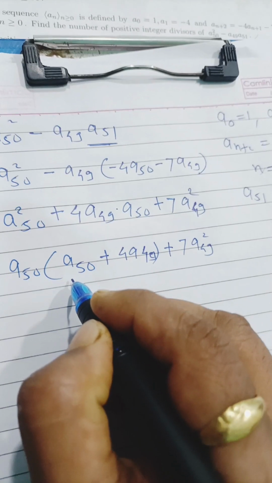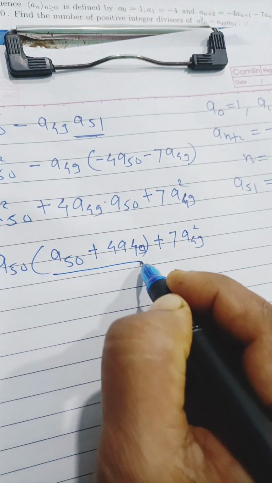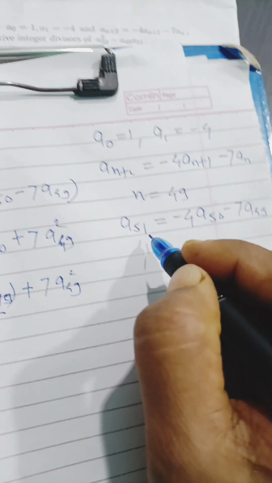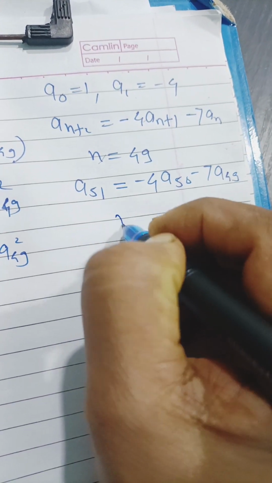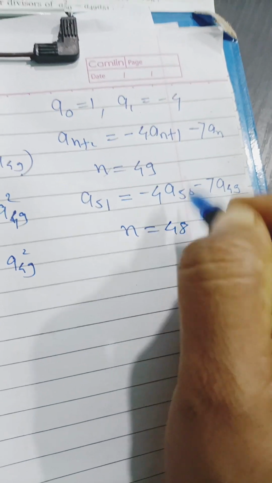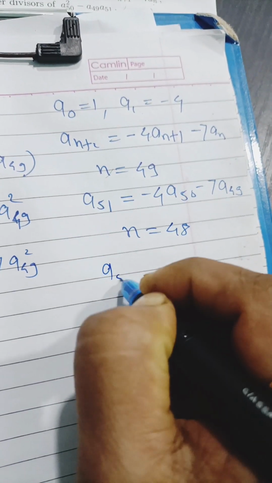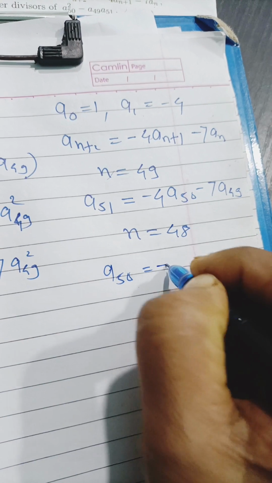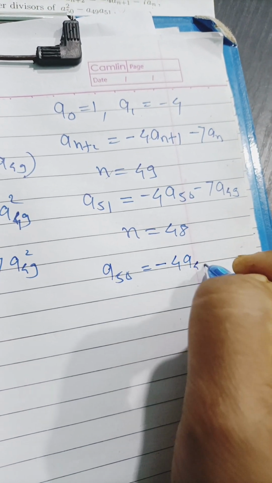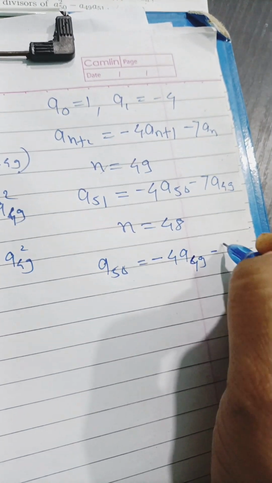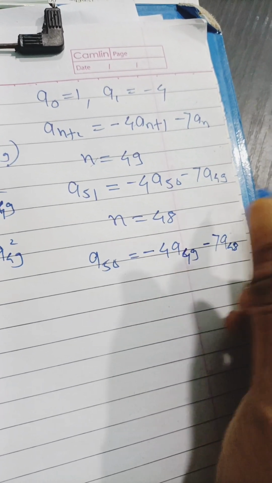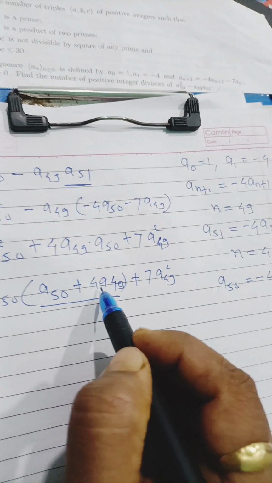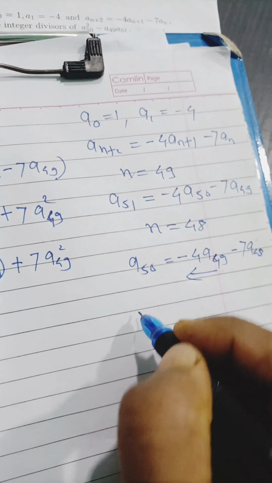Now here we will substitute this bracket also. As we got a51 by putting n equals 49, now we will put n equals 48 and we will get a50. So a50 will be minus 4 a49 minus 7 a48. But we want a50 plus 4 a49, so we will shift this term to this side.